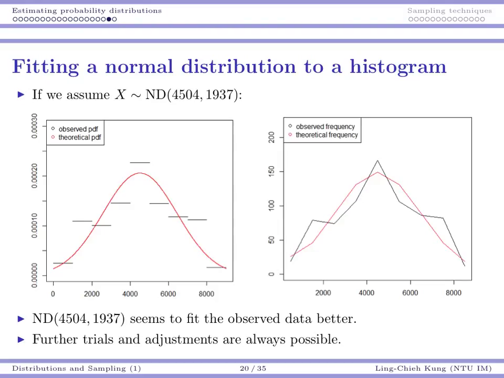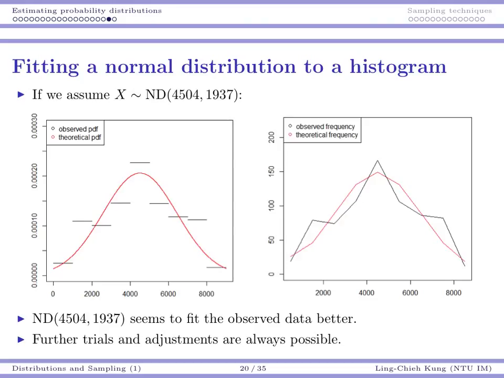And you want the two curves to be close to each other. I probably cannot say that it's a perfect fitting, but this looks much better than the uniform one, right? Because the overall differences seem to be smaller. So I can say that this normal distribution better fits our observed data.